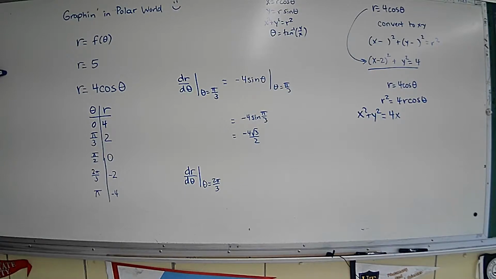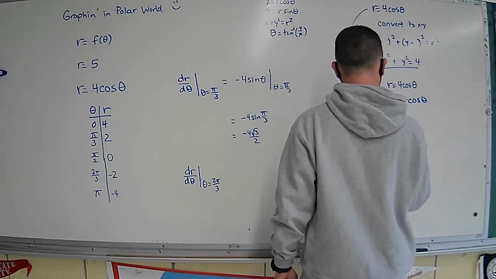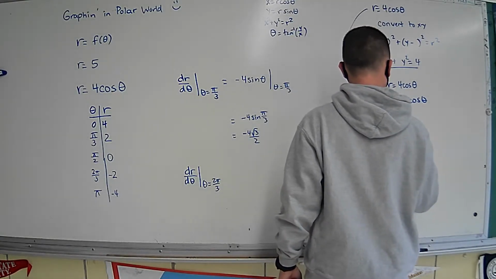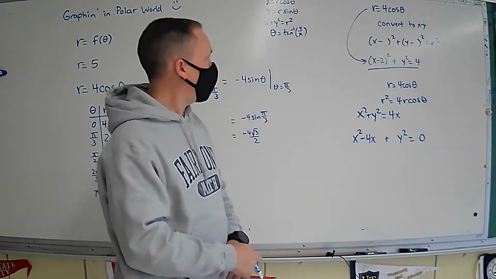Does x squared plus y squared equal 4x? Does that equal (x minus 2) quantity squared plus y squared equals 4? You're just going to say, yeah, it does. I mean, it has to get better. Otherwise, we really screwed up. Yeah, it does. Watch. See? It equals that.